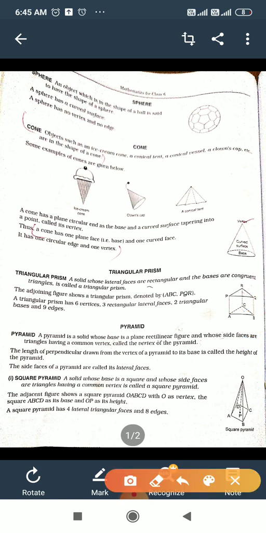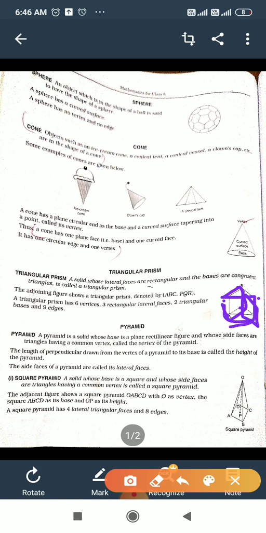A triangular prism has six vertices: A, B, C, P, Q, R. Okay. How many vertices? Six vertices. Three rectangular lateral faces: 1, 2 and 3.